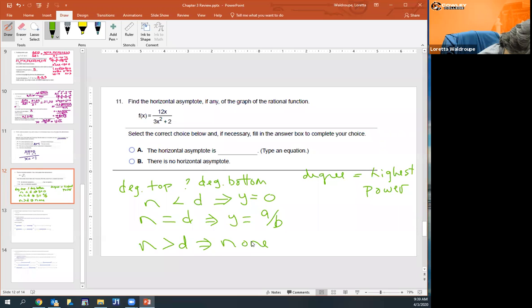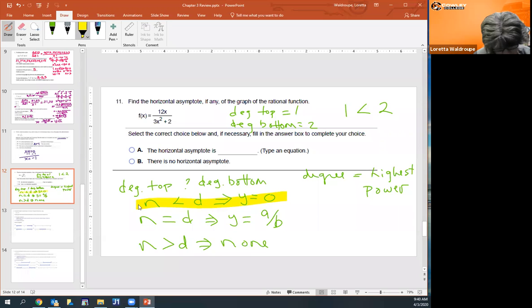So the degree up top is 1. The degree on the bottom is 2. 1 is less than 2, which means I want to use this rule. So therefore, my horizontal asymptote is y equals 0.